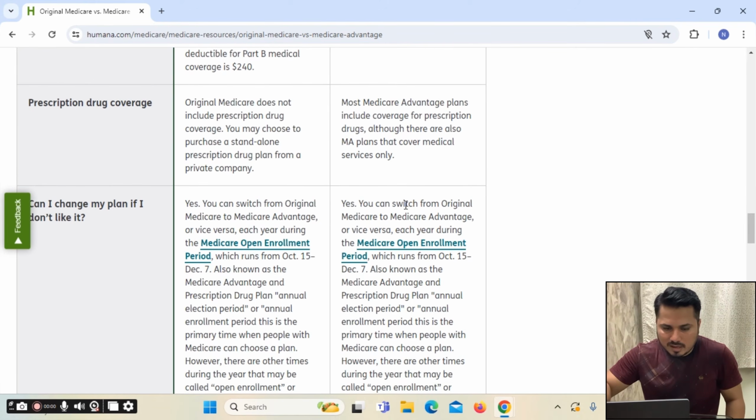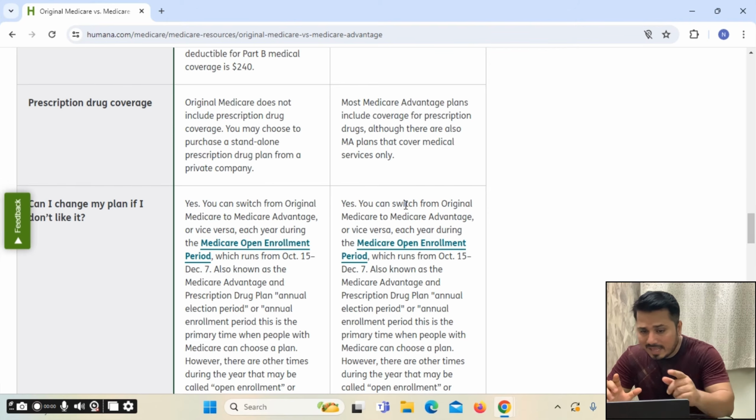Now let's understand prescription drug coverage. Original Medicare does not include prescription drug coverage. You may choose to purchase a standalone prescription drug plan from a private company. Most Medicare Advantage plans include coverage for prescription drugs, although there are also MA plans that cover medical services only.